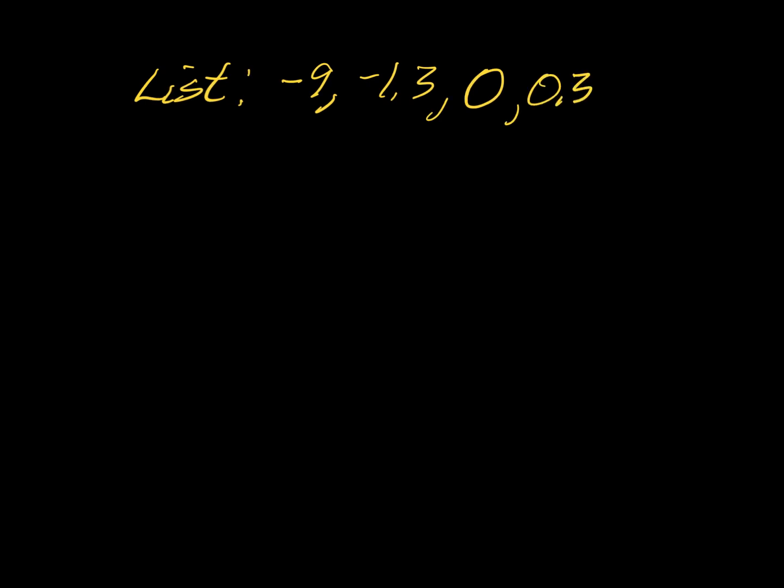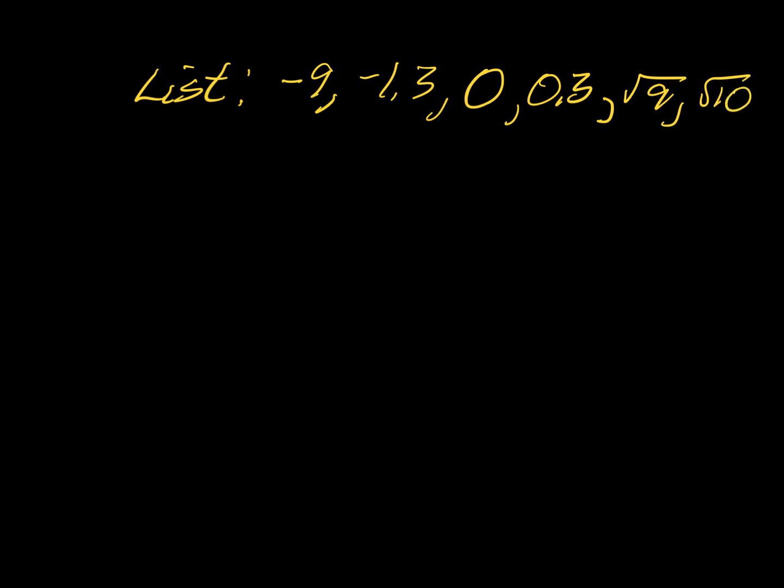So one of the typical problems you get is you want to classify numbers. So suppose somebody gives me a list of numbers and they could give it in a set or whatever. So something like -9, -1.3, 0, 0.3, square root of 9, and square root of 10. All right?